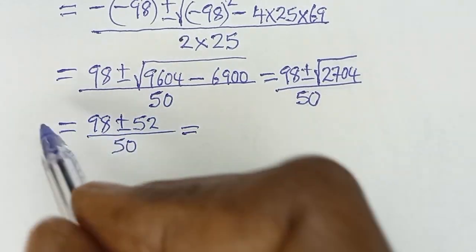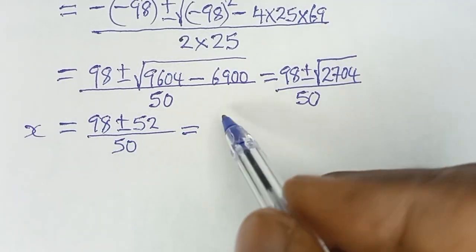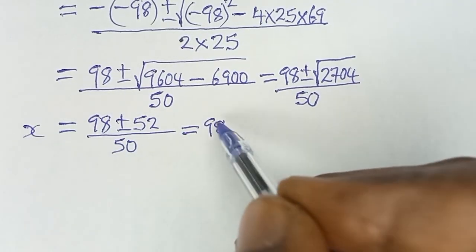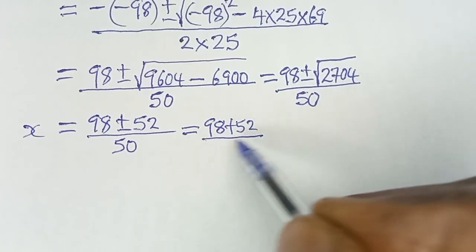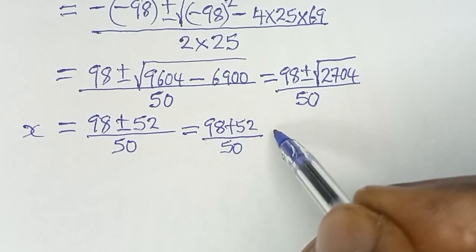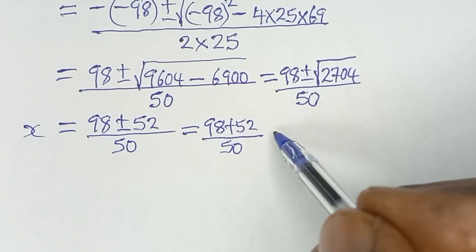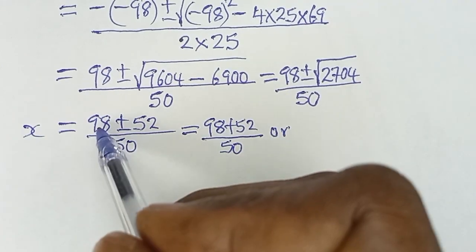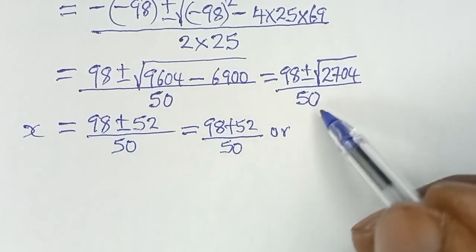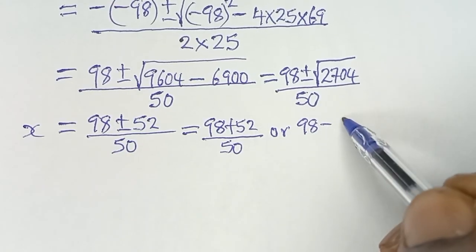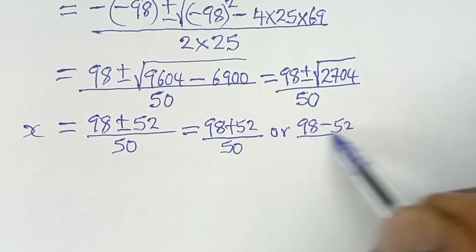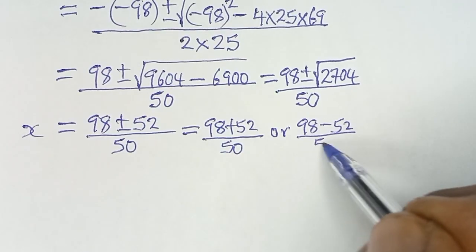Don't forget, x has to be two answers. So x has to be 98 taking the positive sign, plus 52 all over 50. And then the second answer has to be 98 minus 52, all divided by 50.